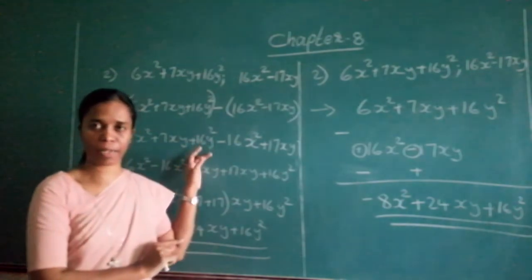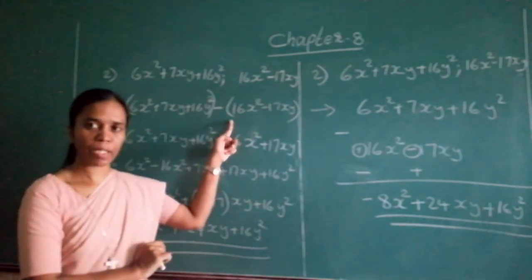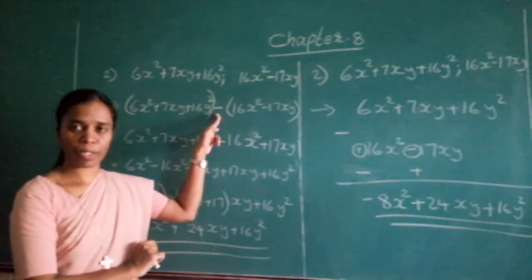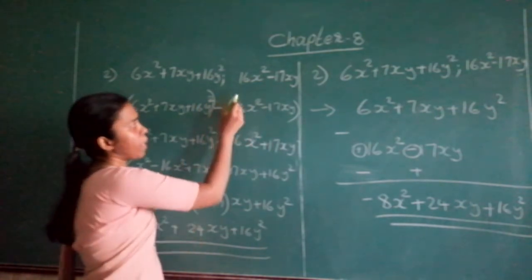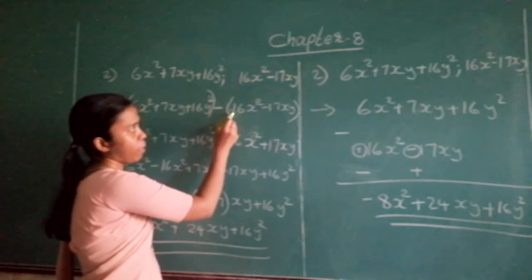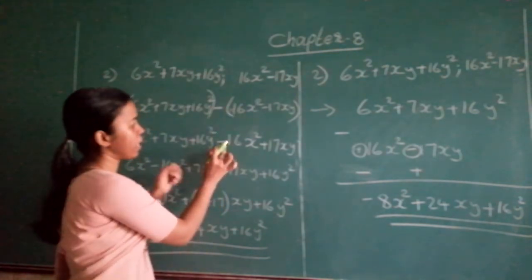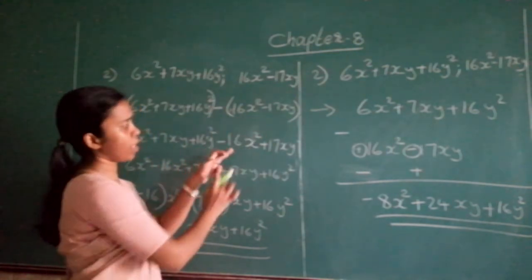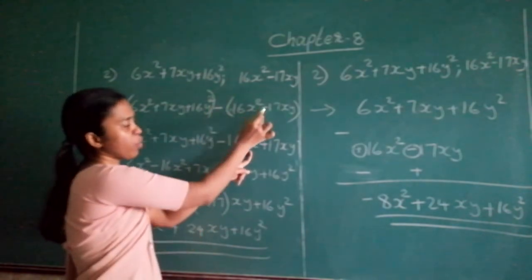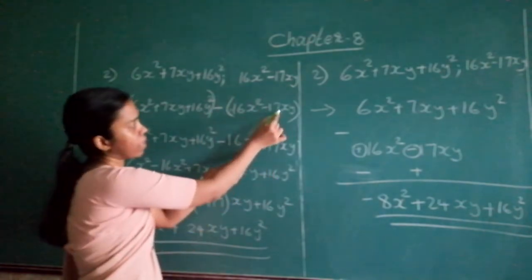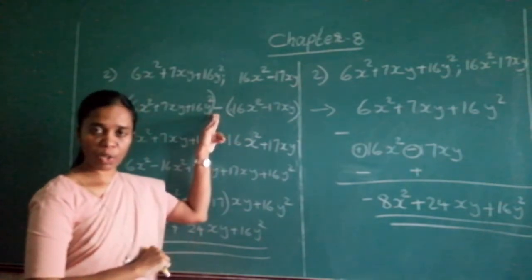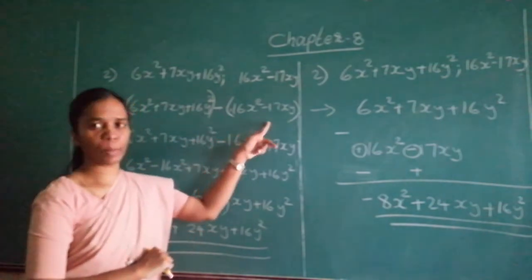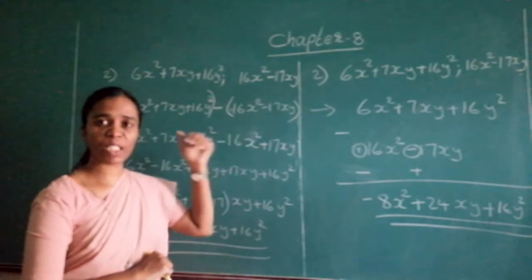Okay. First expression I write as it is, that is 6x square plus 7xy plus 16y square. Now take care. I am opening the bracket. Minus sign outside, so the sign changes inside the bracket. Minus multiplied by plus, minus 16x square. Minus into minus, plus 17xy. Since you have a minus sign outside, when you open the bracket, the sign will be just the opposite.